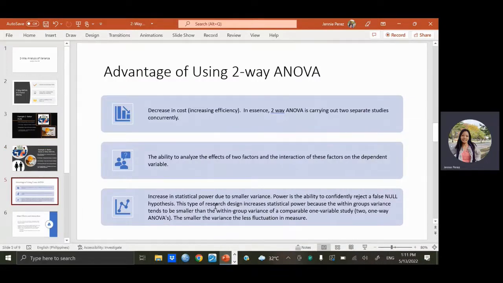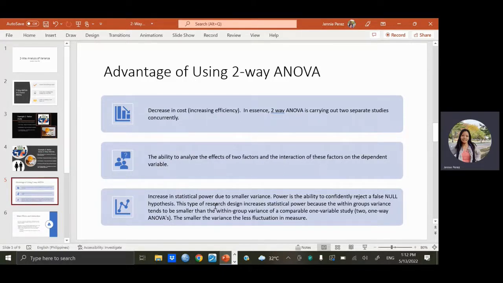The advantages of using two-way ANOVA: one of the advantages is that it decreases the cost, meaning we increase our efficiency. Instead of carrying out 2 separate studies, because if you are conducting two-factor design studies, you are investigating the effect of 2 factors on your dependent variable.